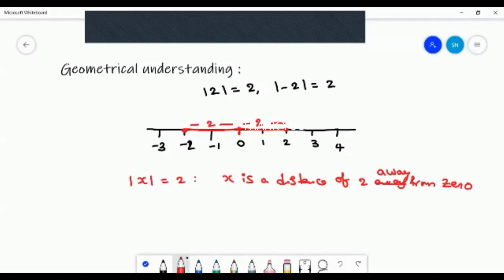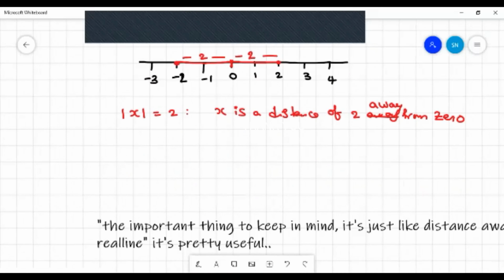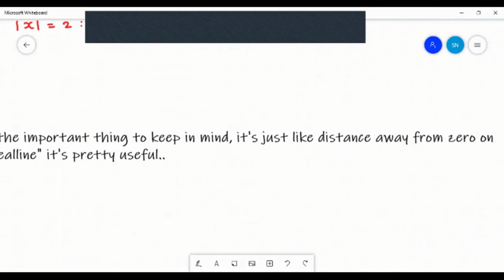This is the most important thing to keep in mind: it's just like a distance away from 0 on the real line. That is pretty useful later while you are applying modulus while solving questions.